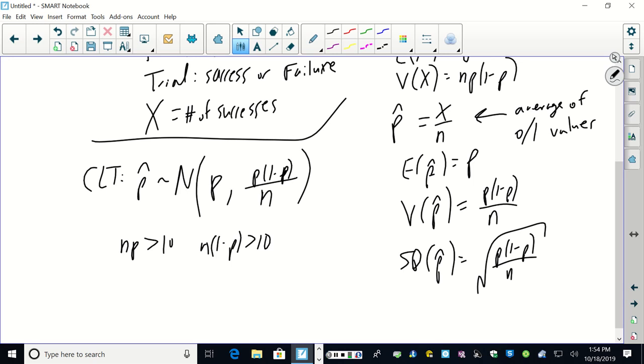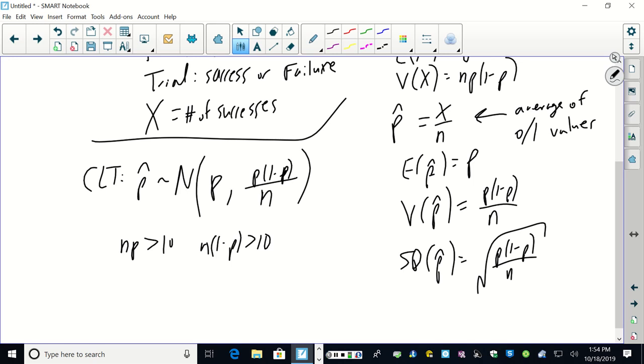If p is more something like a quarter or 0.75, you would need more like 40 for that to happen. So as p actually gets closer and closer to the edge of the space and everything clumps at 0 and 1, and so the totals are all clumped at one side, you need more for it to start looking normal.